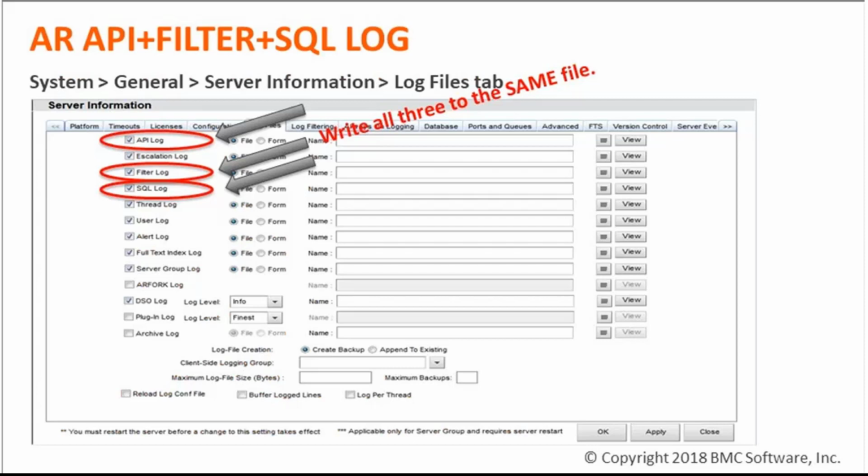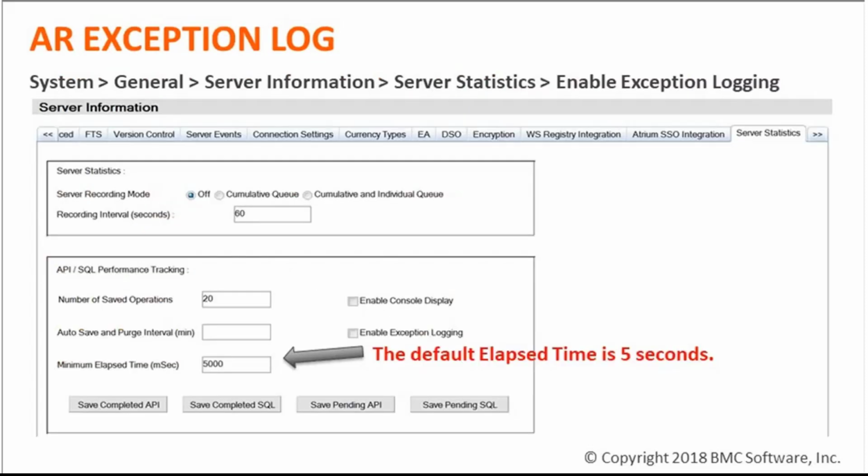It's not mandatory, but we would like the three to be written to the same file, so that we don't have to go through an extra step of combining three different files into one log file for the AR log analyzer to generate the output.